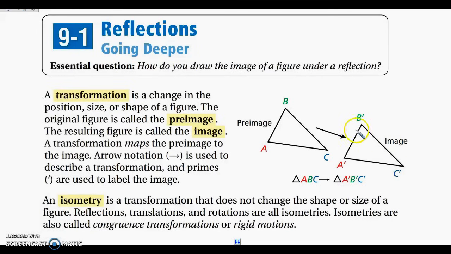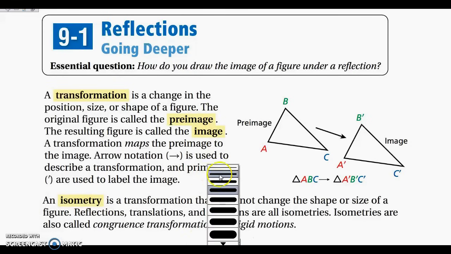So this one is second. This is the one that has been moved. We say that this has been mapped onto this. And the way that we can write that is using the arrow. So we would read this as triangle ABC is mapped onto triangle A prime, B prime, C prime. And we use that arrow notation for the mapping.